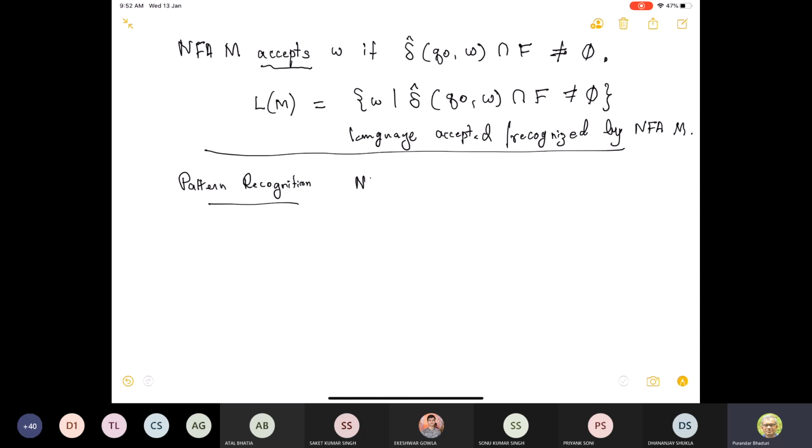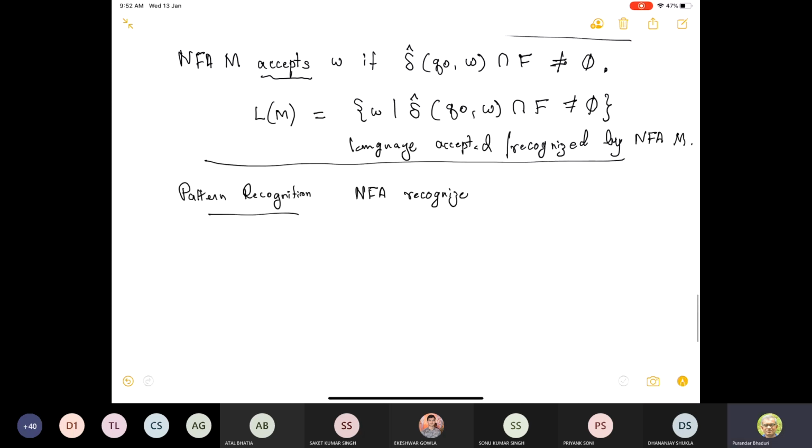If you want an NFA to recognize a pattern S, all you do is, as we have seen, write the first symbol of S, second symbol, and so on, right up to the last symbol.